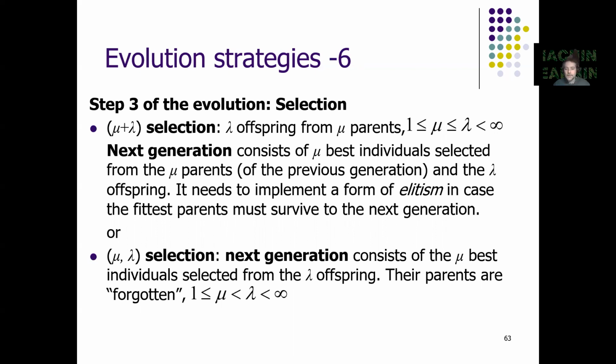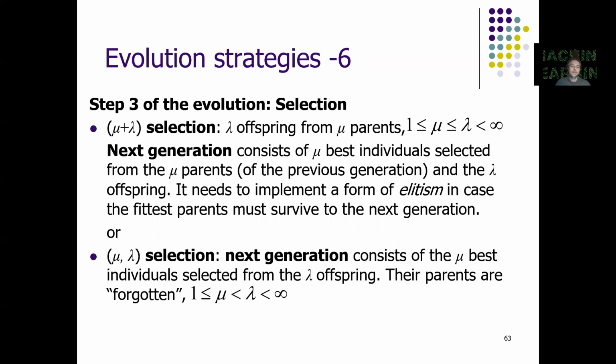And then the comma strategy: the next generation consists of new individuals, but these are all selected from the lambda offspring. Always the size of the population remains the same. So mu is the size of the population at each generation.